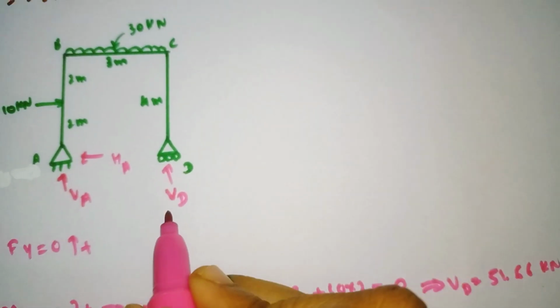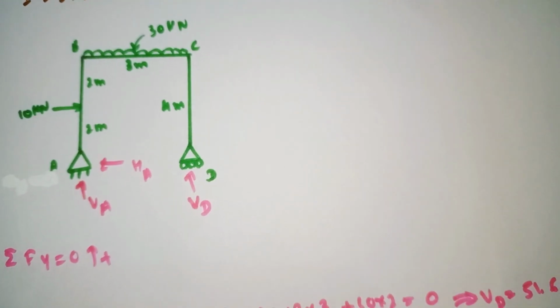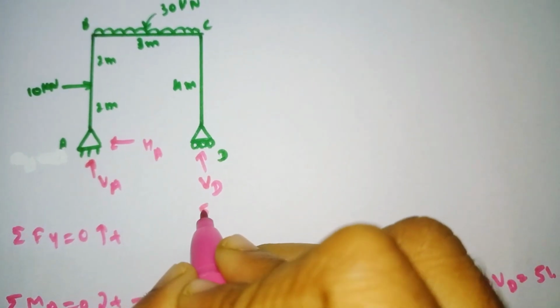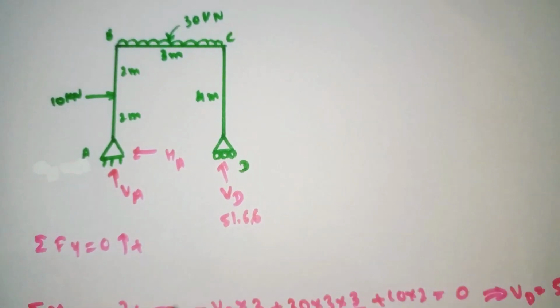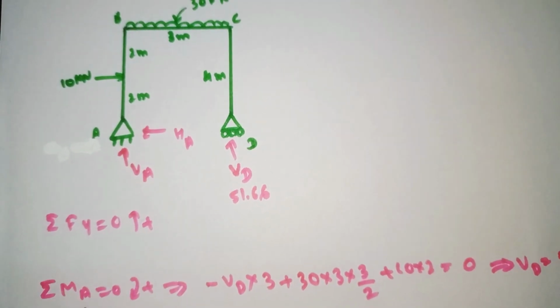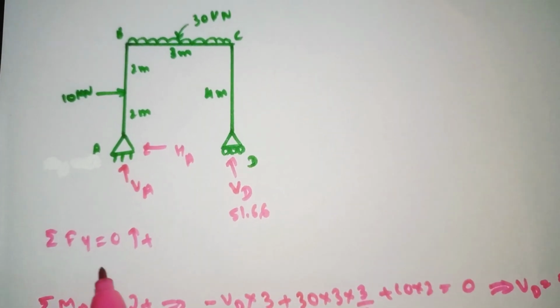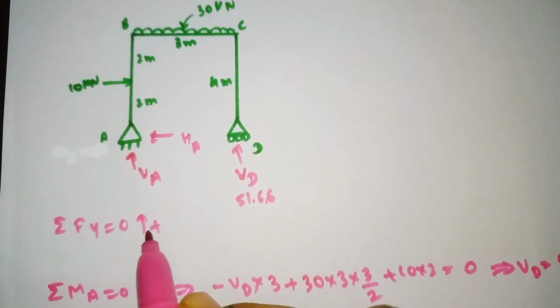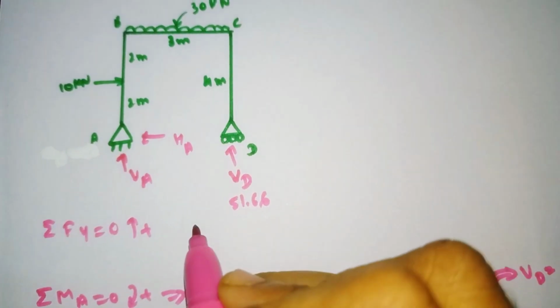So whatever direction we have taken is right. Similarly, we need to find VA and HA. For VA, the summation of all vertical forces is equal to 0, taking upward as positive.